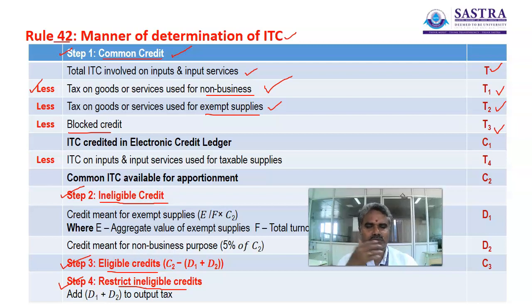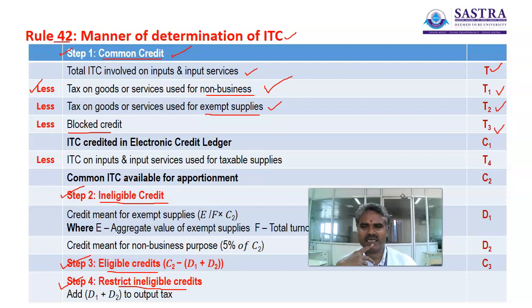So how can you identify it? They will give in the problem how much they bought for business, non-business, from exempt supply, for block credit, everything they give.